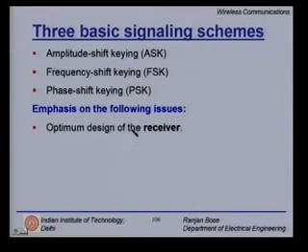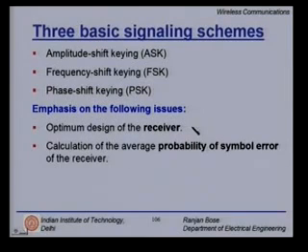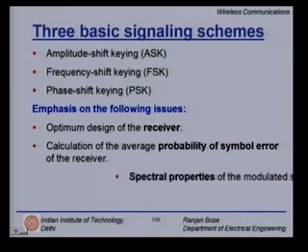One is the optimal design of the receiver and how easy or difficult it is to implement the receiver. Then the performance, which is the bottom line. What is the probability of symbol error of the receiver given the same signal to noise ratio? It is found that some of the modulation techniques perform better with respect to the other ones.